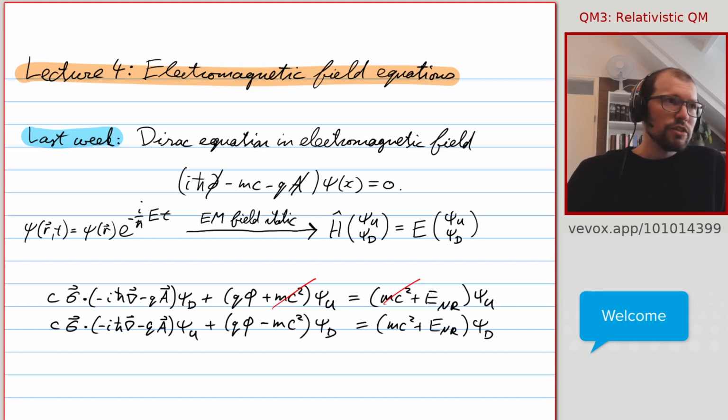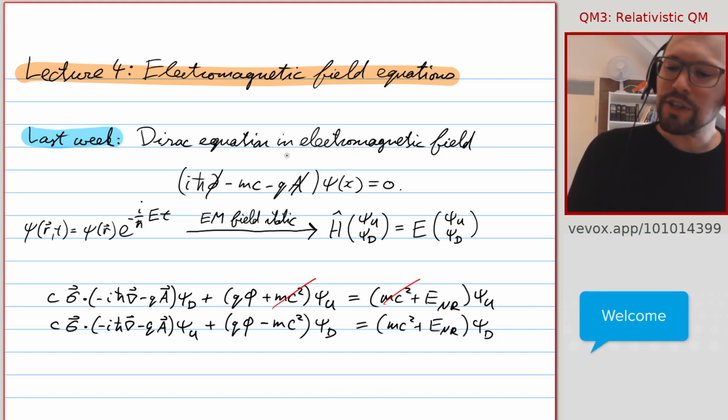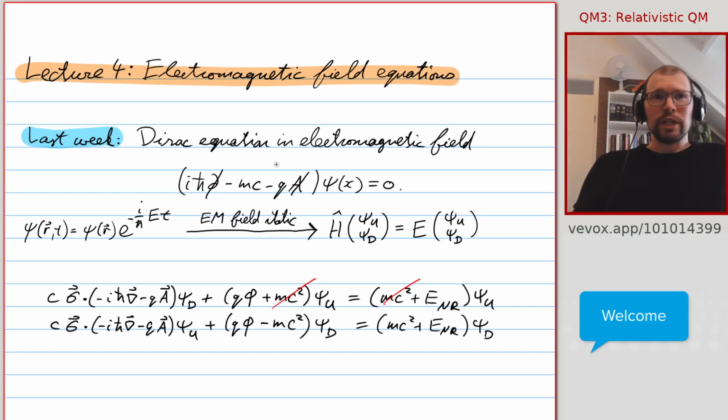So let's finish the success story, which was the main support that there is some physics in the Dirac equation, and this was in the setting of the Dirac equation in the electromagnetic field.